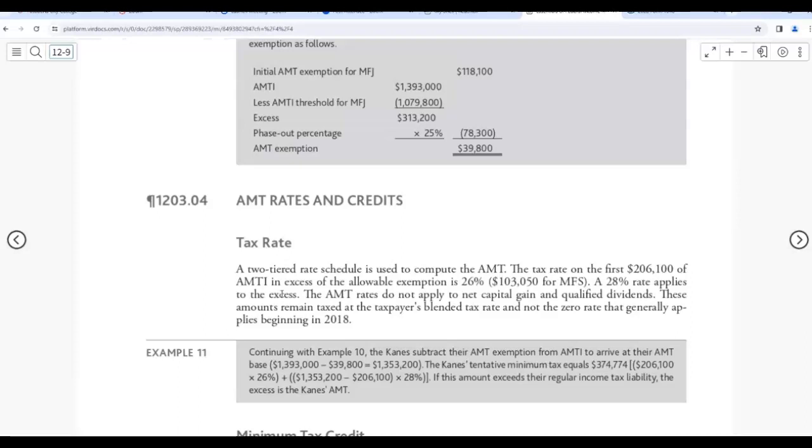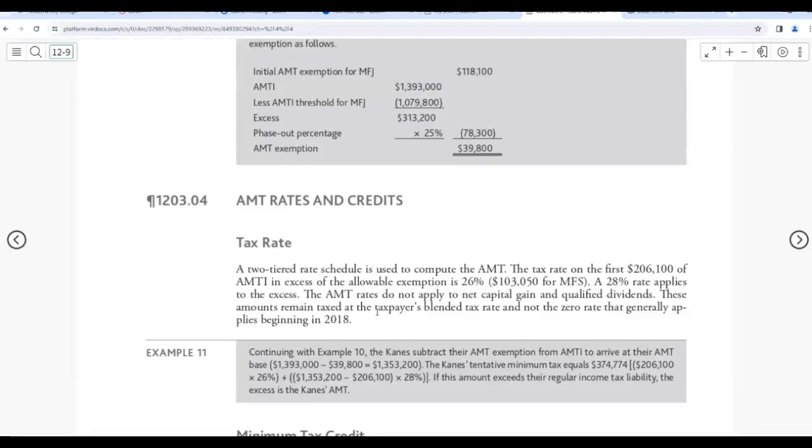So up to the first $206,000 above the exemption is 26%. Anything above that, 28%. The AMT rates do not apply to net capital gain and qualified dividends.